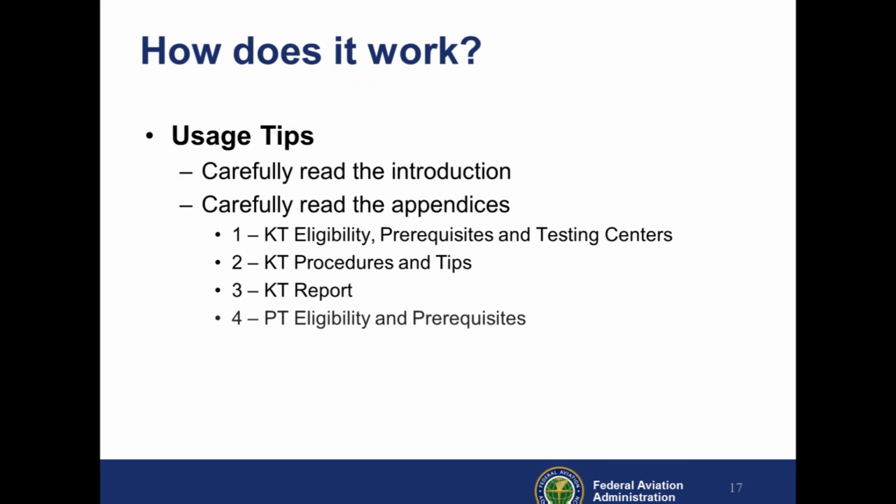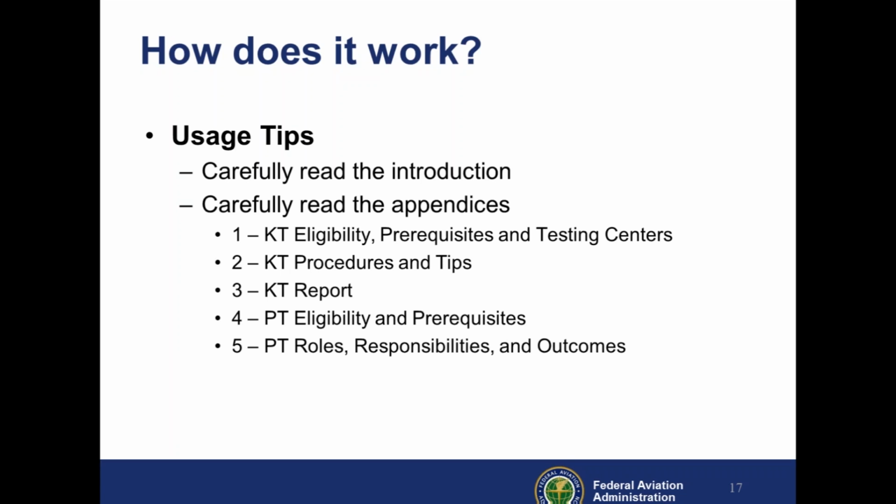And then Appendix 4 is practical test eligibility and prerequisites. Again, same sort of thing as what was in the PTS, just been rearranged a bit, so I would certainly go over that one with your highlighter and look for anything that gets your interest. Appendix 5 is practical test roles, responsibilities, and outcomes. Again, this one hasn't changed other than being rearranged and reworded.